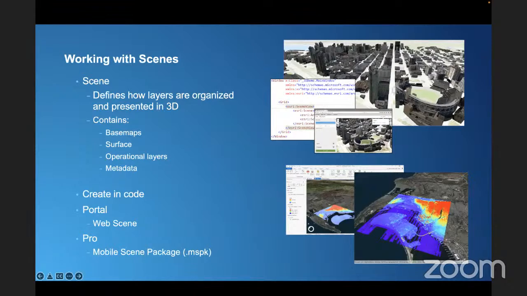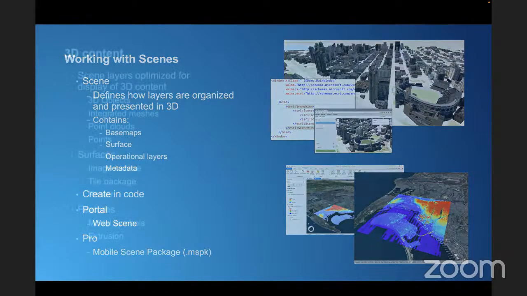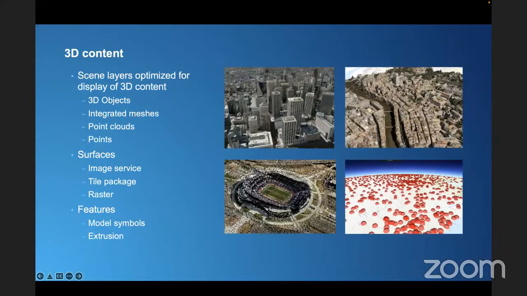Scenes have become a very integral part of what we do day-to-day, and many people are dealing with 3D data. So there are ways in which you can load 3D data in your applications. You can even take them to offline mode, like the mobile scene package, but that will consume a lot of space, so you also have to take note of that.